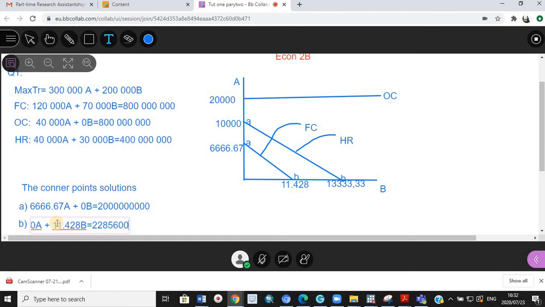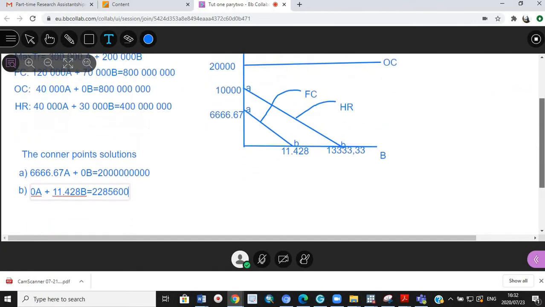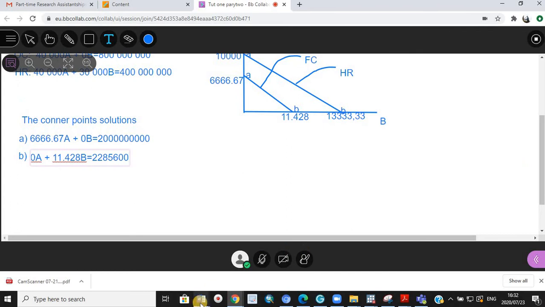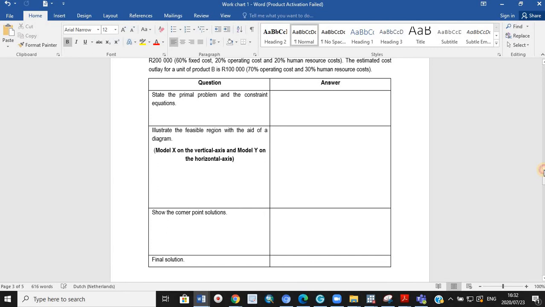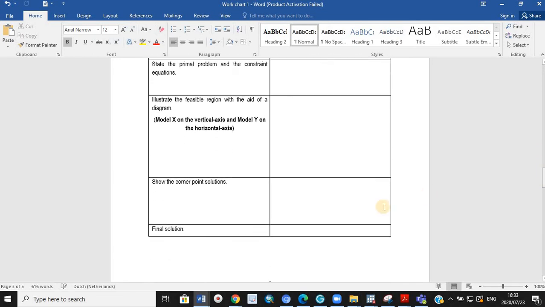Yeah, something along the same lines. All right, very good. So let's move forward. These are the corner points. Okay, show the final solution. Very good. Let's go to the final solution.